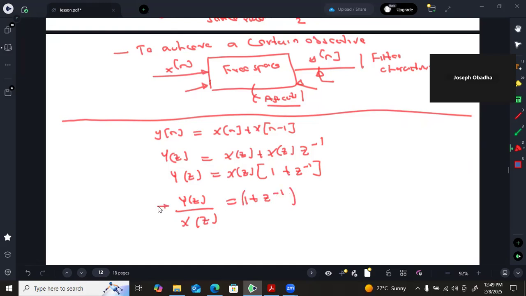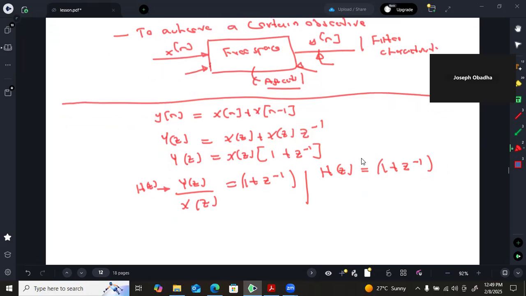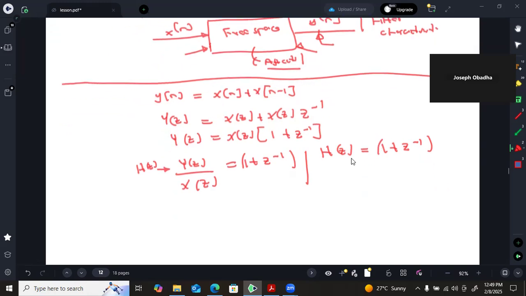Or if I denote this by h of z, then I will have h of z equal to 1 plus z minus 1. Let's compare it with this, my first function.